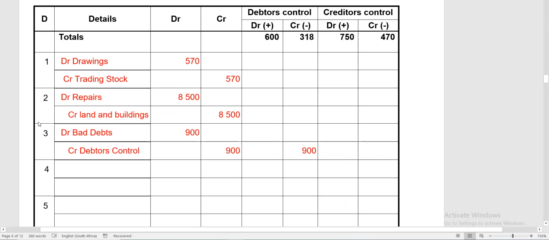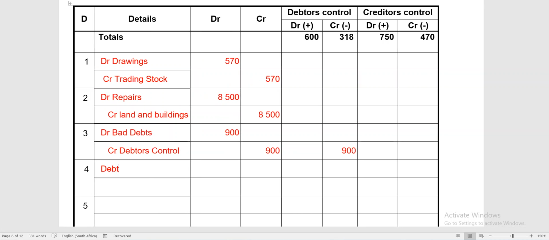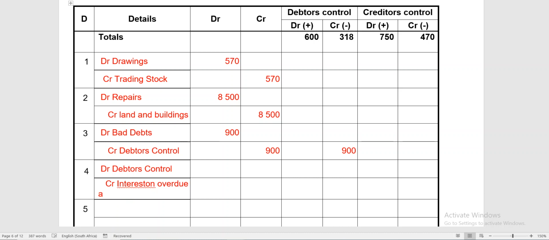We are going to say, for number 4, we are going to debit debtors control. Okay, debit debtors control, and then the account that we are going to credit here is interest on overdue account.